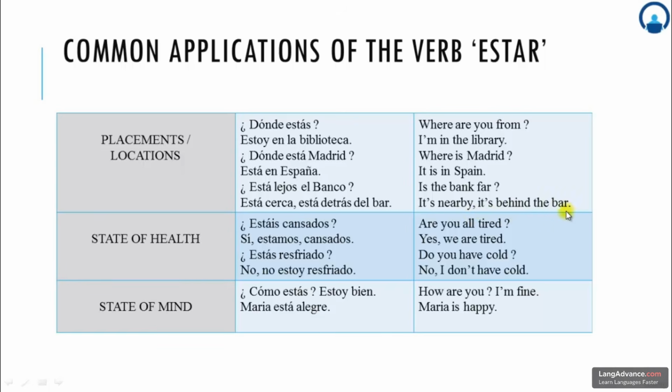Now if you get confused about this location, I've asked the question, is the bank far? And in the answer I've got that it is behind the bar. So it is always going to be at the same location. The bank is not going to walk and go to some other place. So if you are counting it as fixed state, it is not.